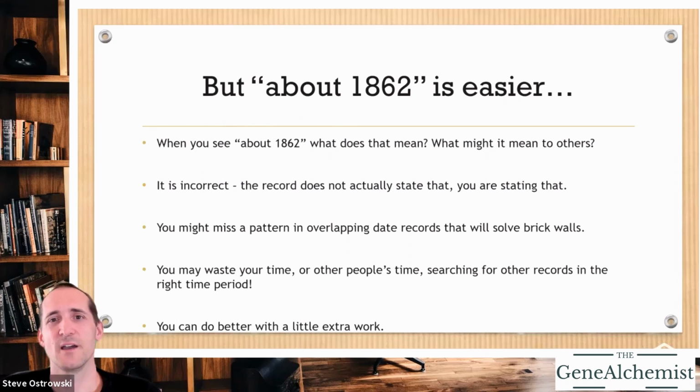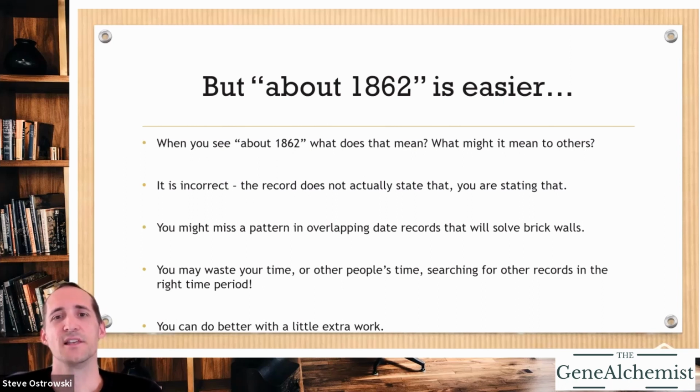Okay, there's many different ways to read about 1862. So what might that mean to other people if you record that? If you record that, you're introducing your own variability and vagueness into recording of documents. And instead of just showing a precise way of recording it, that is exactly what the document states, you can allow people to make their own conclusions or judgment calls about how that document might play into the full story of the family or individual.